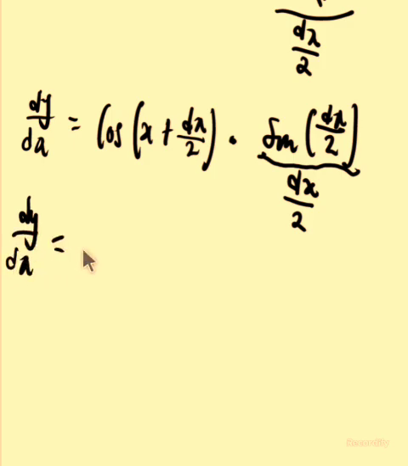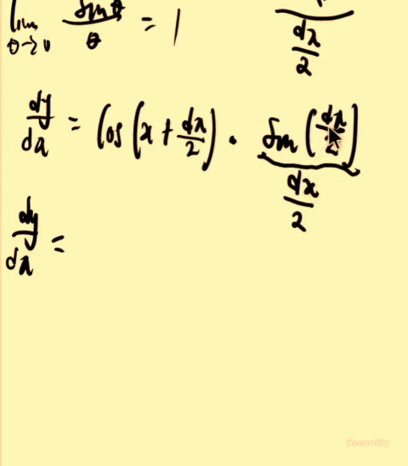Don't forget, I already showed you, at the start of this tutorial, that if you have sine theta over theta and take the limit as theta approaches 0, it is equal to 1. So automatically, this is dx over 2 over dx over 2, it's the same thing.